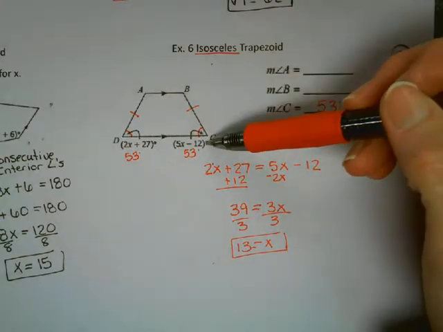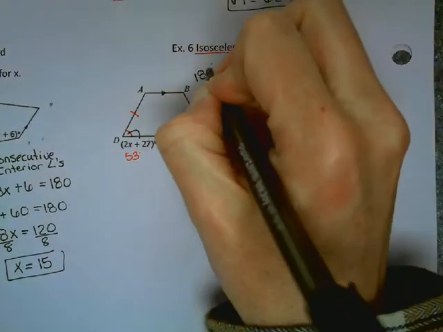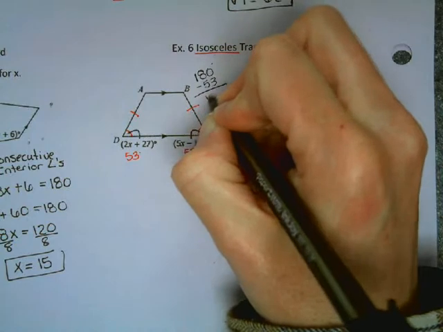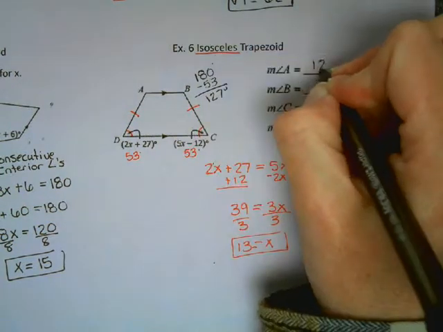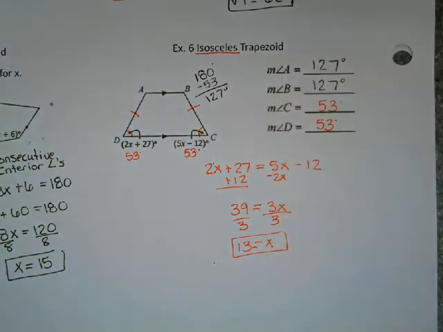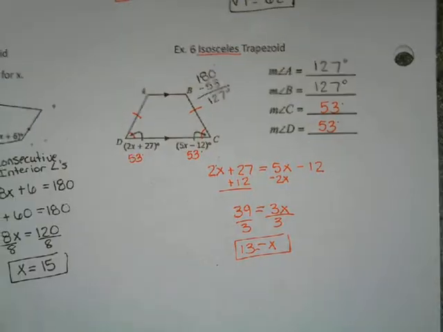So 180 minus 53 equals 127. So that's going to be your other two angles. So that's an isosceles trapezoid, means the two legs are congruent and the base angles are congruent.